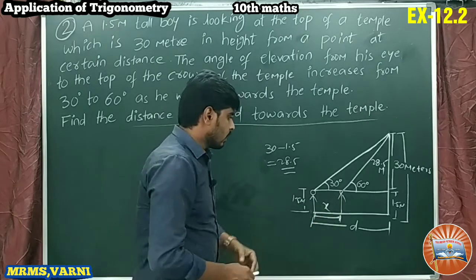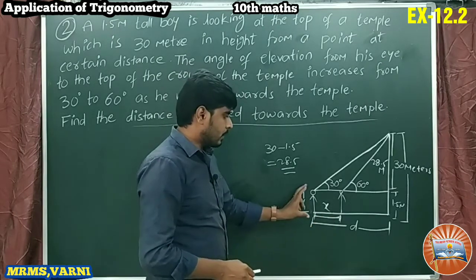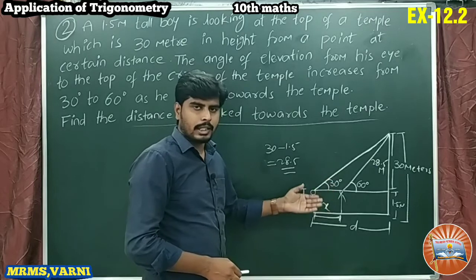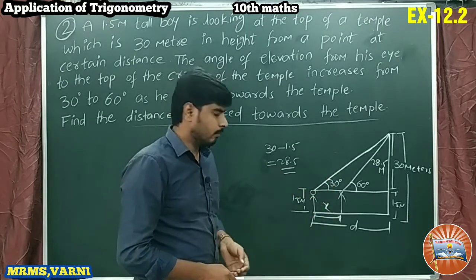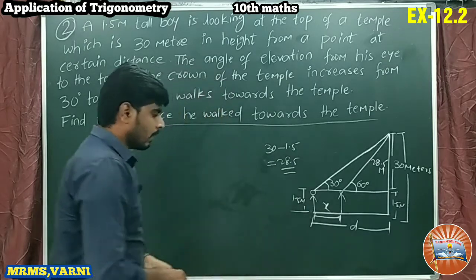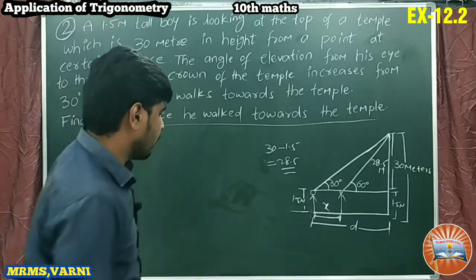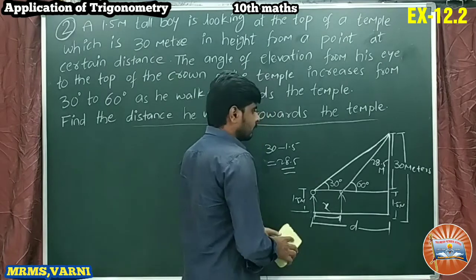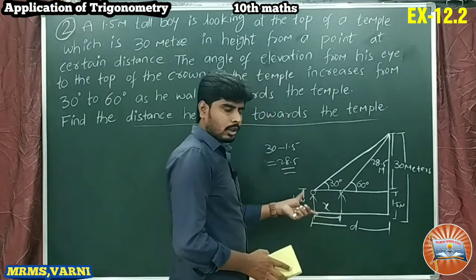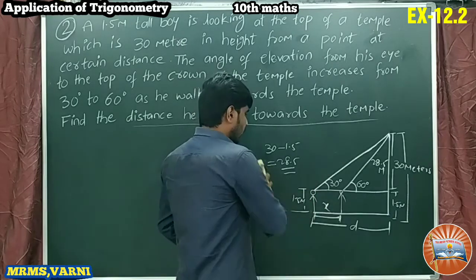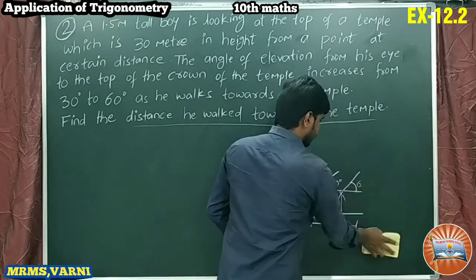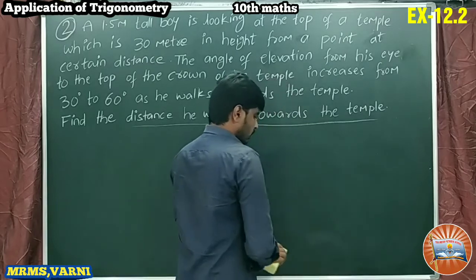We know that for the objects and things in these problems, we imagine them as a straight line. That is why I am taking the diagram again here, taking the boy as a straight line. Is it clear? Did you get this point? So I am drawing the diagram again.